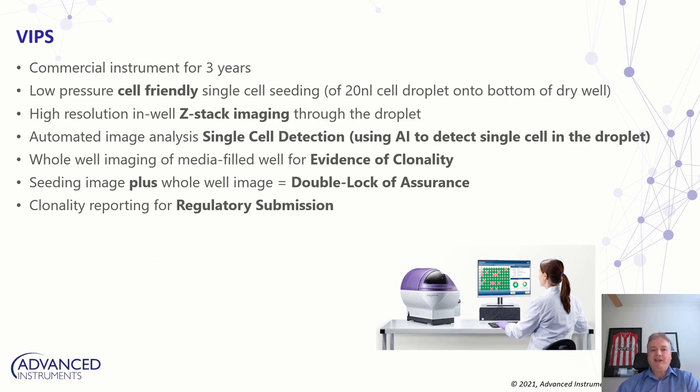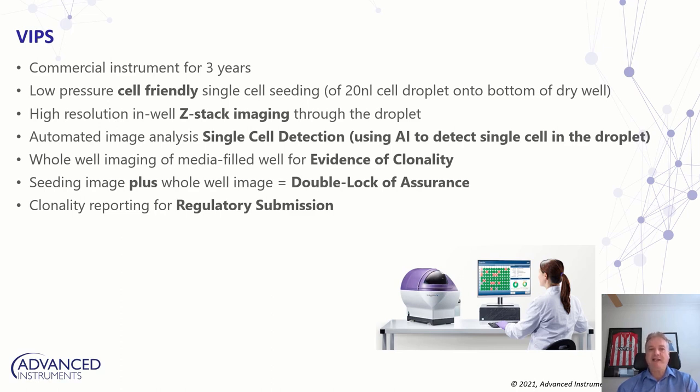The main facets of the instrument is, compared to, say, flow cytometry, this is a very low pressure system, cell-friendly I would call it, and we dispense cell droplets. So each cell is dispensed in a 20 nanoliter droplet, and it's dispensed into a well, onto the bottom of a dry well, a dry surface.